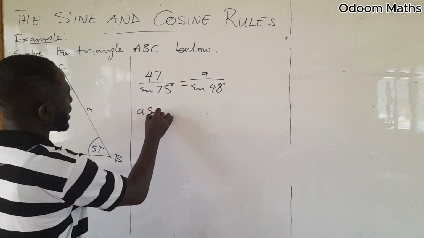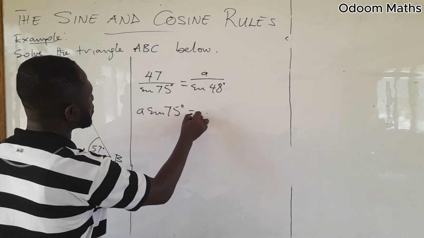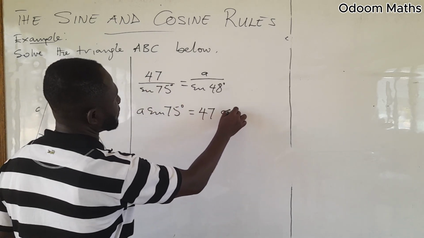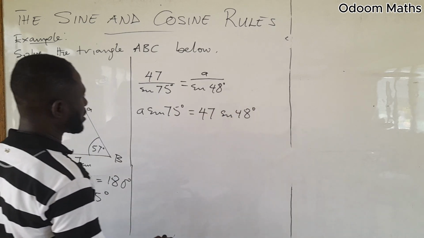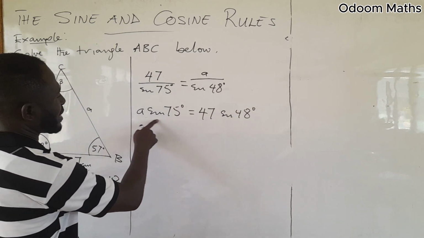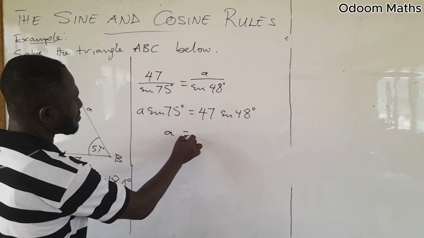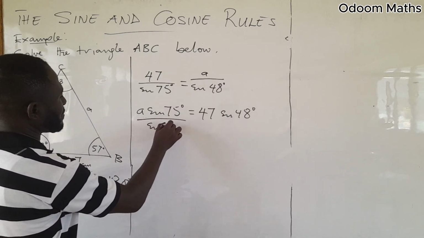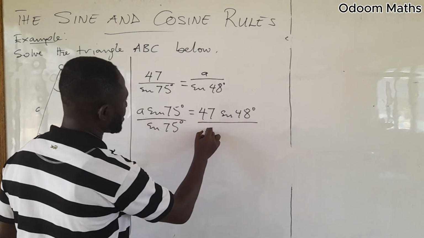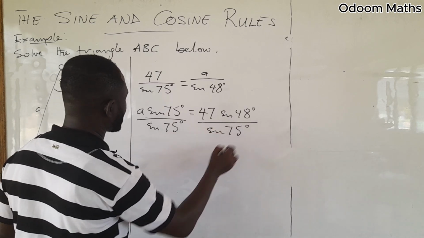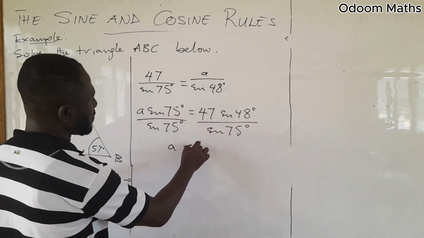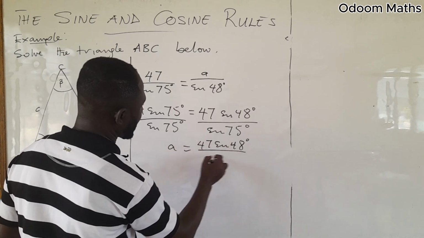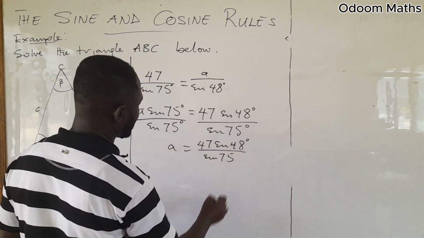So A sine 75 is equal to 47 sine 48 degrees. Here we divide both sides by sine 75. So A is going to be 47 sine 48 over sine 75.